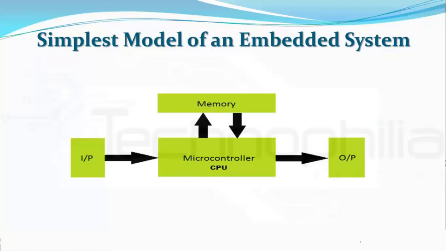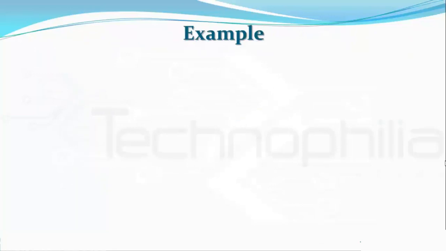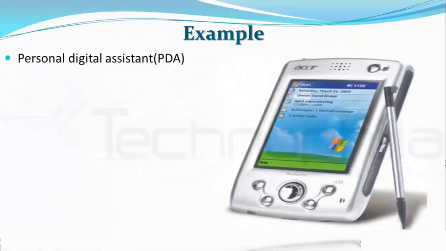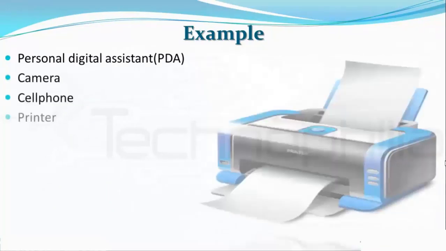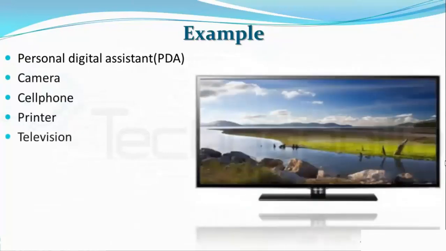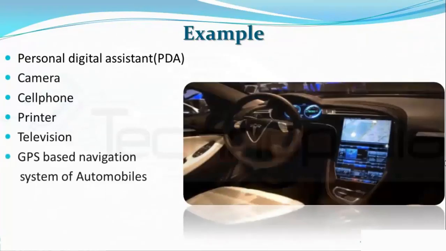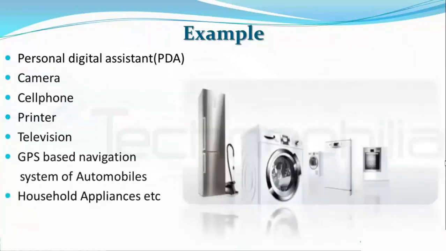So it signifies the name embedded, which means software is hidden inside the hardware. These are examples of some commonly used embedded systems: PDA, that is personal digital assistant, camera, cell phone, printer, television, GPS-based navigation system of automobiles, household appliances, etc.